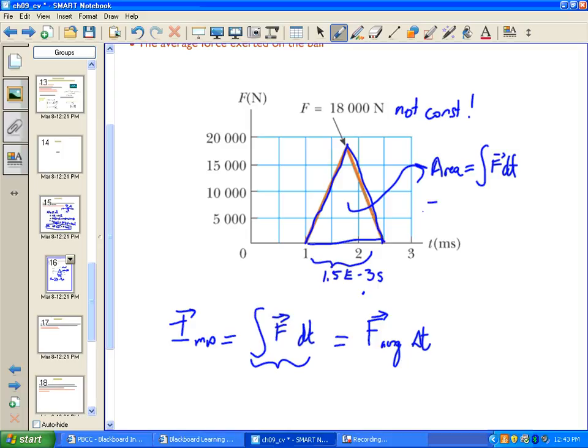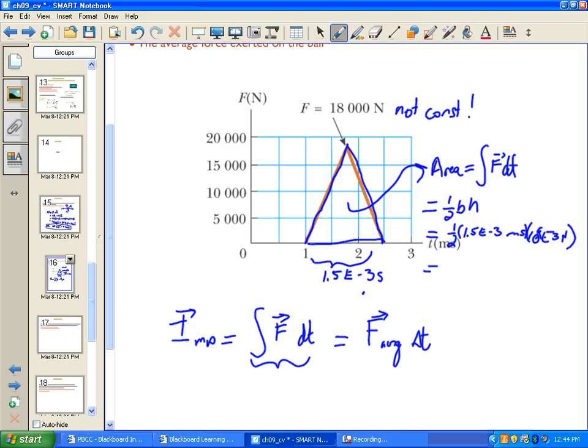What is the area of this curve? Well, it is a triangle, and we know that the area of a triangle is 1/2 base times height. 1/2 base, 1.5 e to the minus 3 seconds, times the height, 18 e to the 3 newtons.